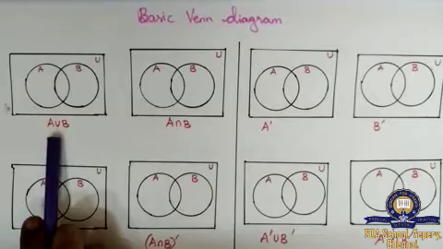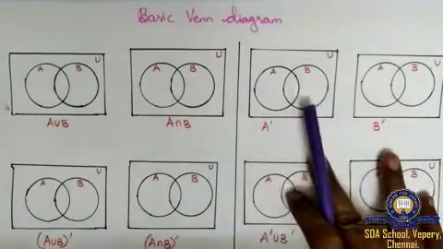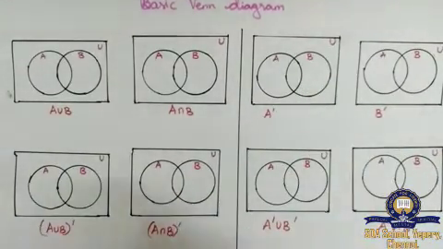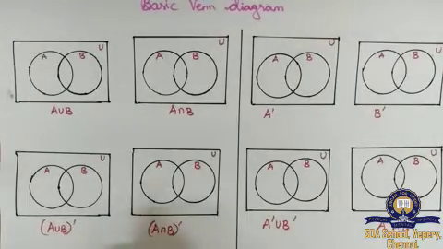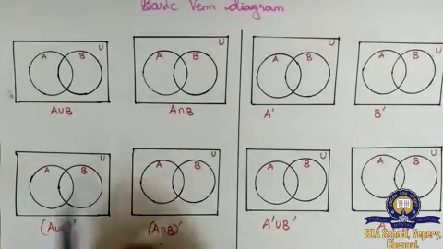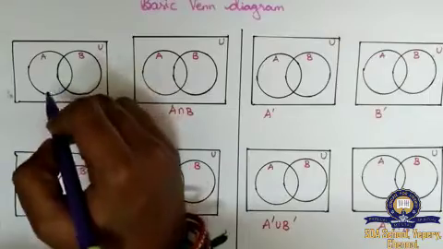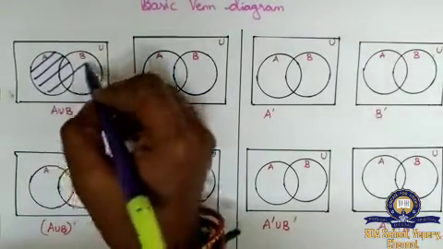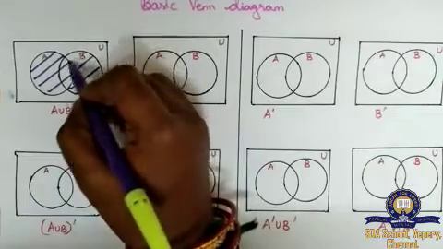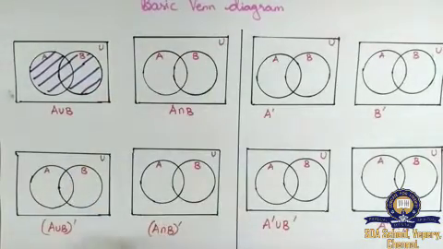First, I wanted to teach you how to find A union B. A union B, union is nothing but combining or joining two sets. So I'm going to join the A set and the B set. See, I've joined the A set and B set.